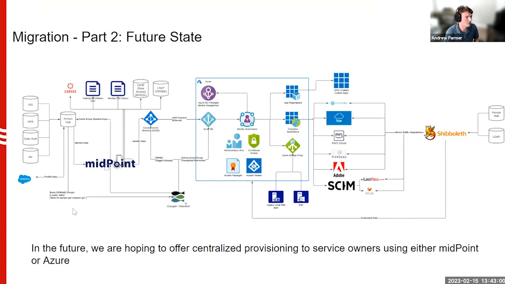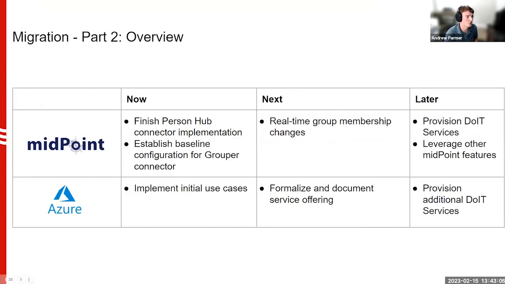Going a little behind the curtains on the next slide, we can show what work we're doing right now. In the current and recent sprints on the midPoint front, we've been working on setting up our Person Hub connector using the midPoint scripted SQL connector. We are also establishing a baseline configuration for getting Grouper groups into midPoint.